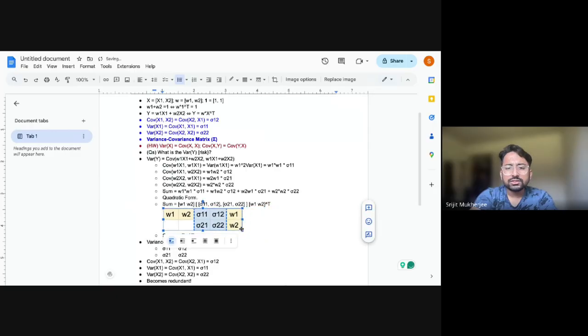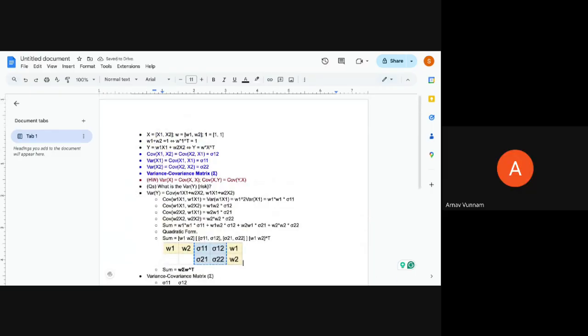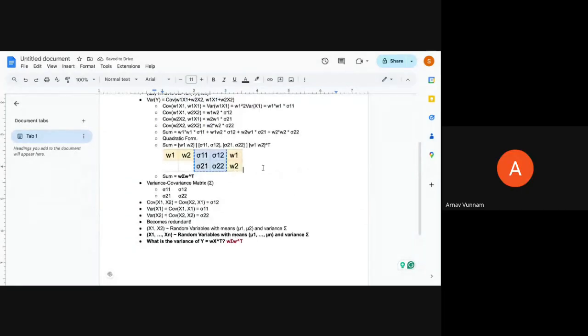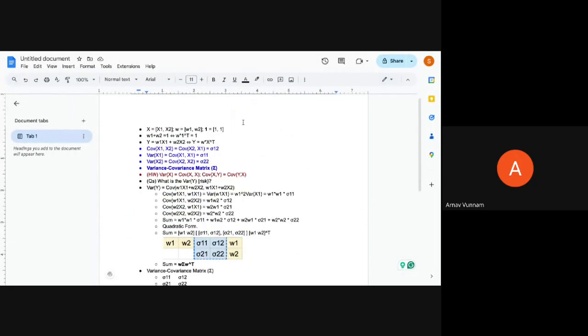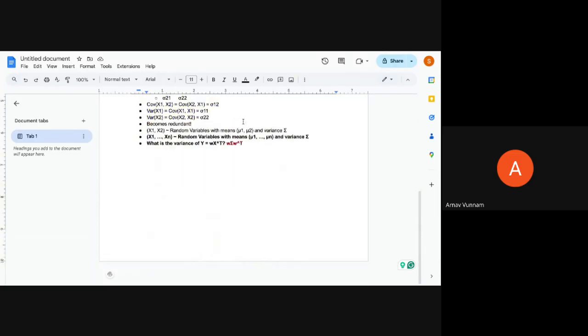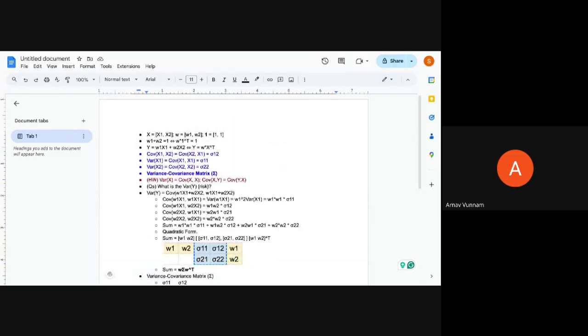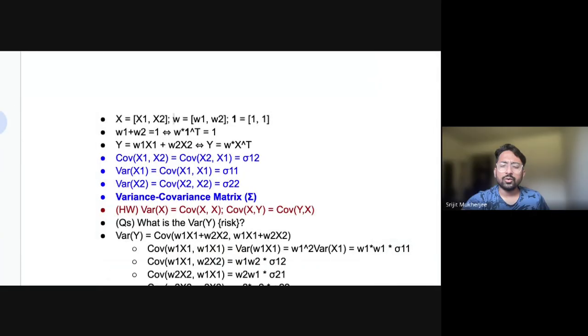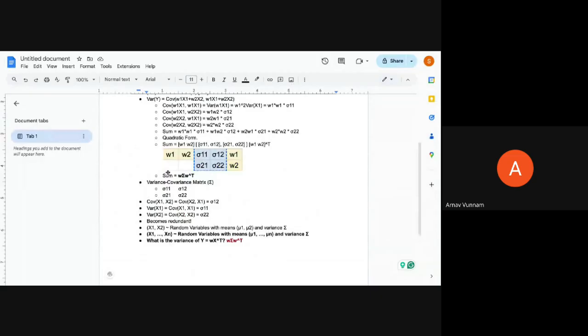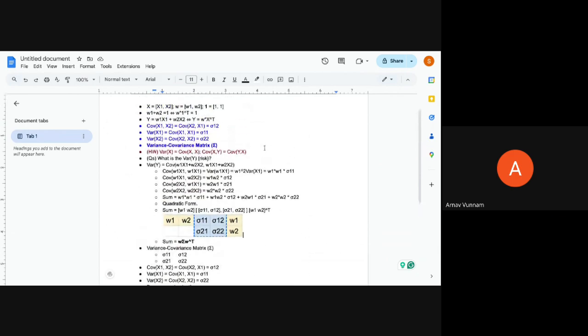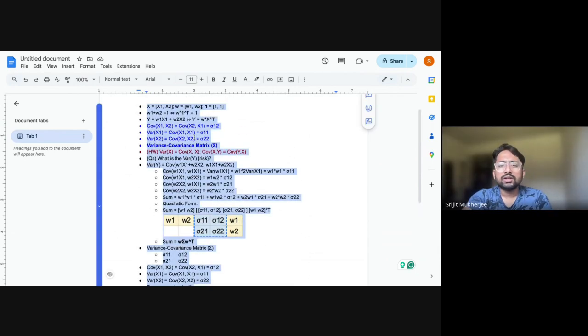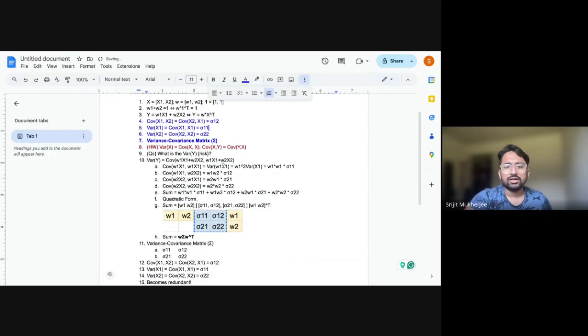All of you got it, guys? Quick question, sir. Maybe I'm making a mistake, but if we write this properly, shouldn't W1, W2 be at the top, above the covariances? So can you point out which line?